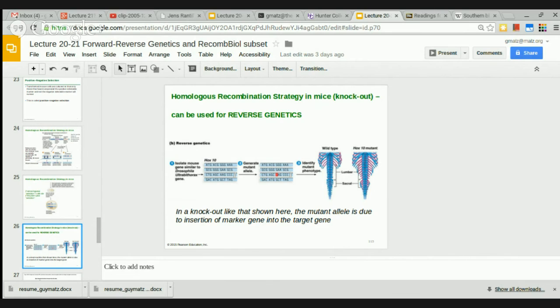So we take the blastocyst, we inject it with our ES cells, and we re-implant it. We actually don't go back to that mother, but we implant into another female who's been treated with hormones so that she's ready to have embryos grow in her. So she gets injected with a bunch of different blastocysts, all of which have been injected with the ES cells.